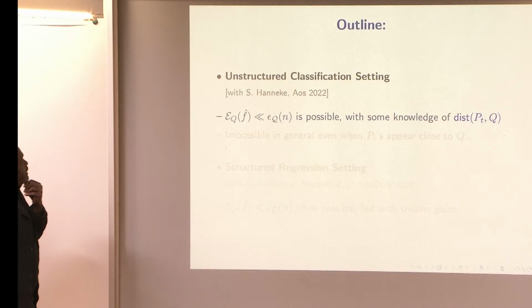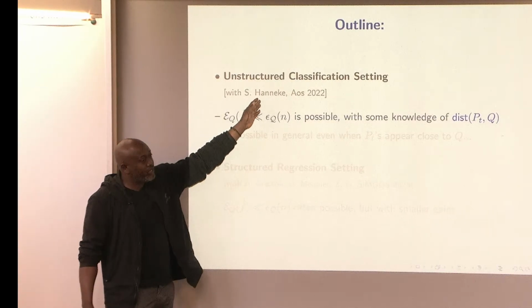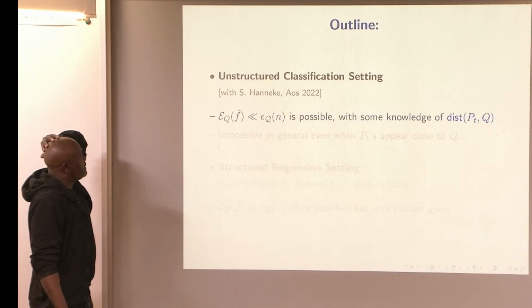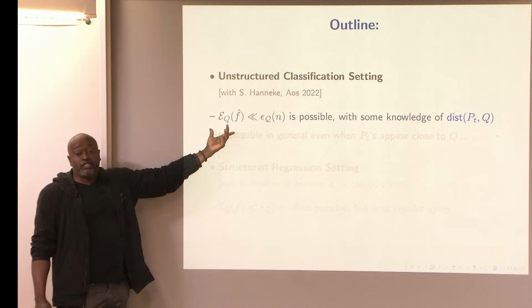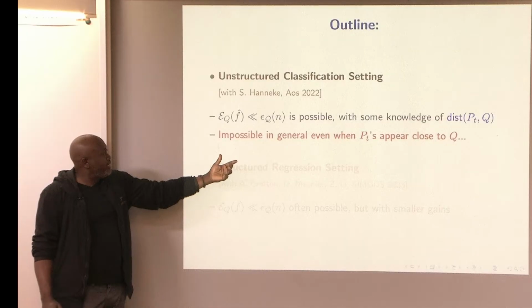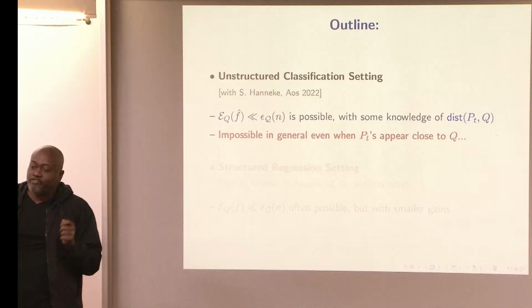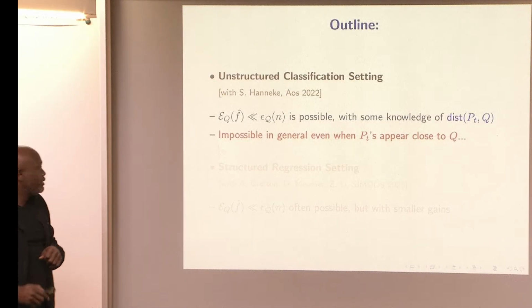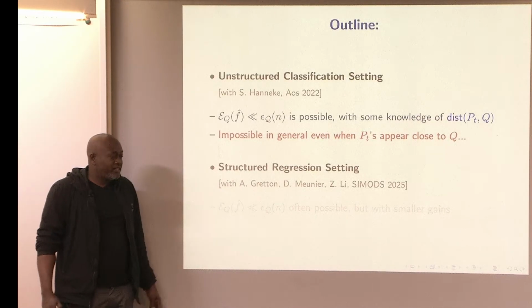For the unstructured setting, I'll mostly consider classification. What I'll talk to you about is based on joint work with Steve. And the mixed picture just essentially says that sometimes it is possible, and sometimes impossible in general, even when the P's appear very close to Q. And I'll make it clear what I mean by the P's appear very close to Q. And the structural regression setting, this is work with Arthur Gretton et al.